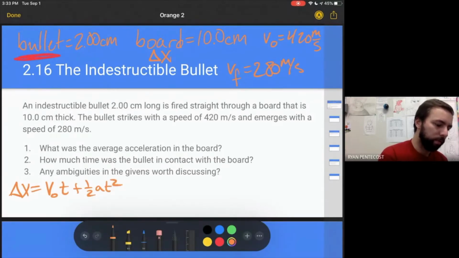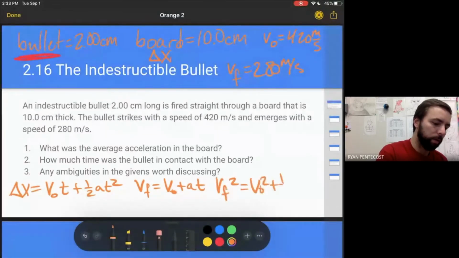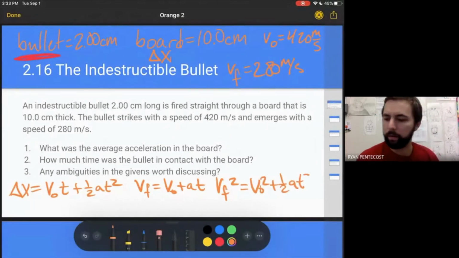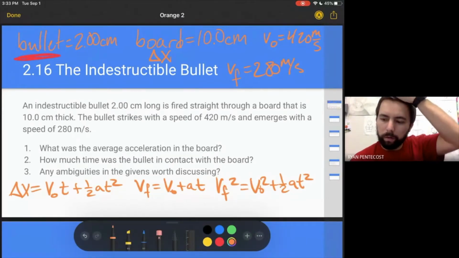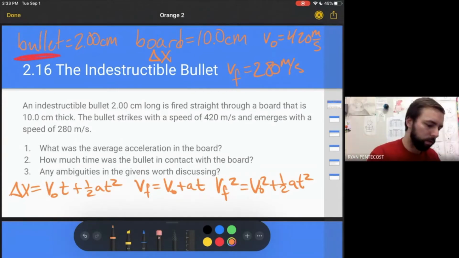Then we have v final equals v naught plus at, and then v final squared equals v naught squared plus 2a delta x.